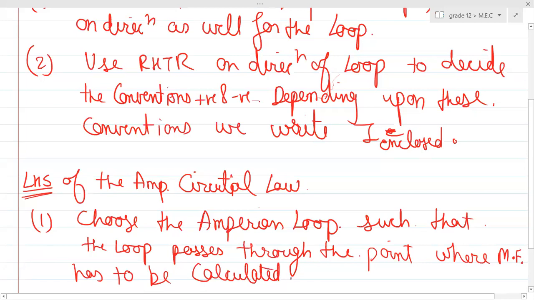So the first point is to choose the Amperian loop in such a way that the loop passes through the point where the magnetic field has to be calculated. It's the same thing as Gauss's law, right? In Gauss's law also, we chose the Gaussian surface in such a way that it was passing through that point, right?